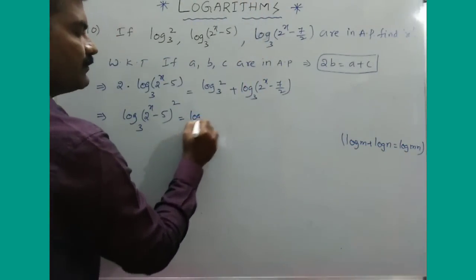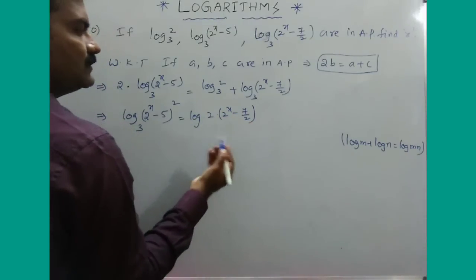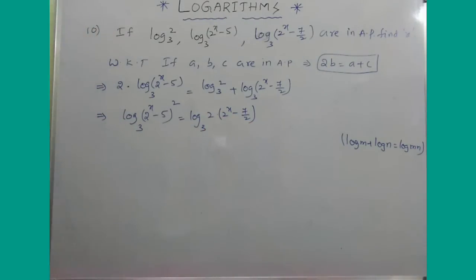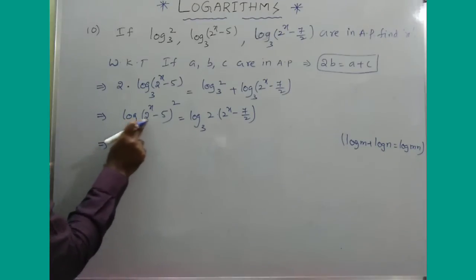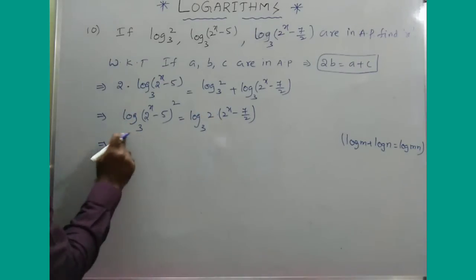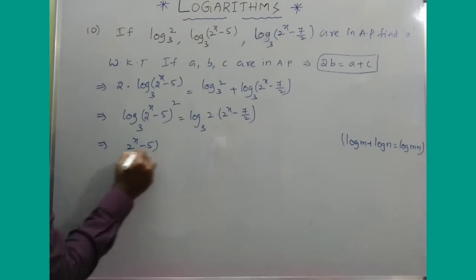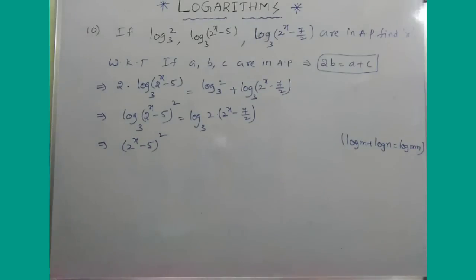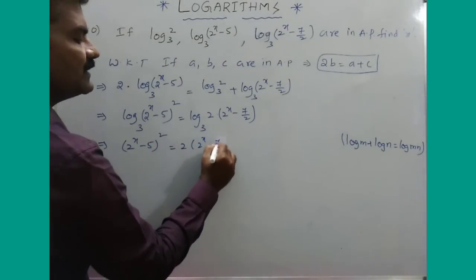That is log of 2 into (2 to the power of x minus 7 by 2) to the base 3. Actually log a to the base b is log a by log b, and this is also log a by log b, so log 3 gets cancelled. So I can write directly: (2 to the power of x minus 5) whole square equals 2 into (2 to the power of x minus 7 by 2).